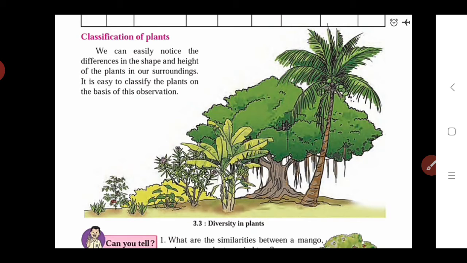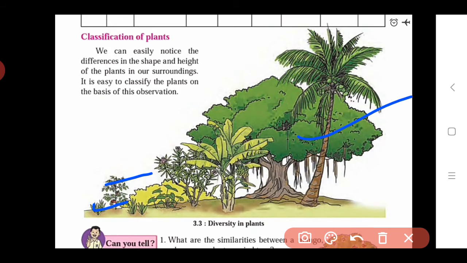If we see this image, if we see the height of all these plants, some plants are very short in height, and some plants are very tall. Some plants have a big size, some plants have a very small size or very weak size. So in this way we see all such types of plants in our surroundings. By seeing their height and shape we can easily classify all the plants.